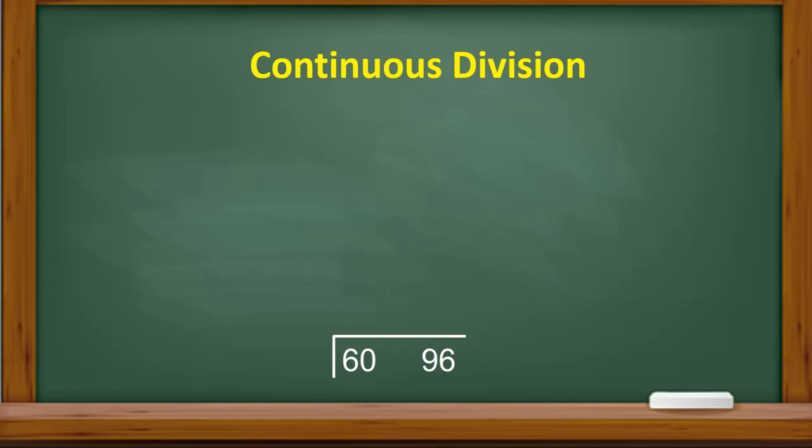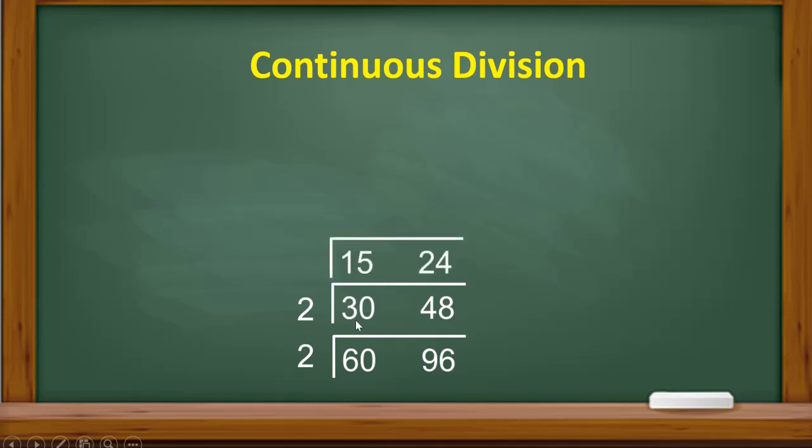So 2 can divide both 60 and 96. 60 divided by 2 is equal to 30, and 96 divided by 2 is equal to 48. Then, think of a factor that can divide both 30 and 48. Can we divide by 2? Yes. So 30 divided by 2 is equal to 15, and 48 divided by 2 is equal to 24.